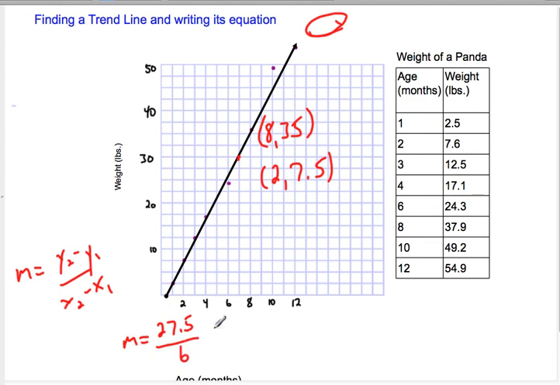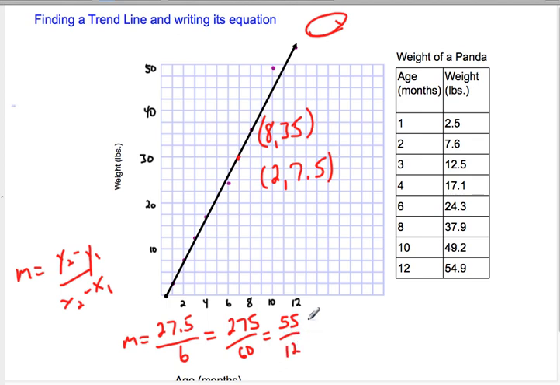So here we have the slope, and we could reduce that. We could probably figure out a decimal for that, or we could just have it at 275 over 60 and reduce that by 5, so 55 over 12, something like that.